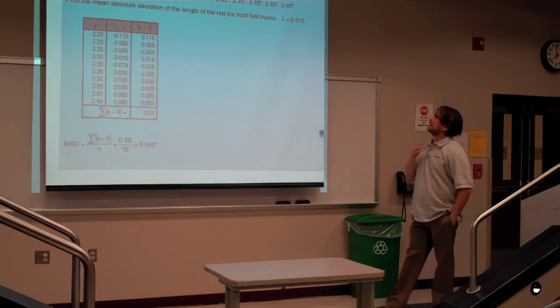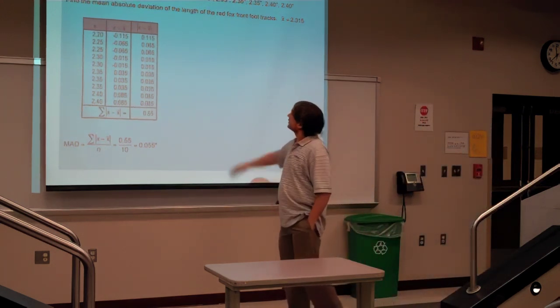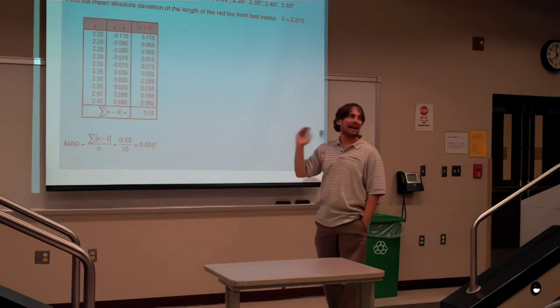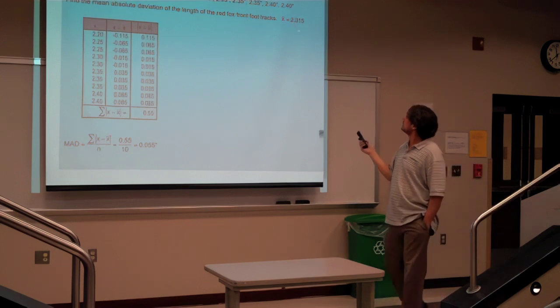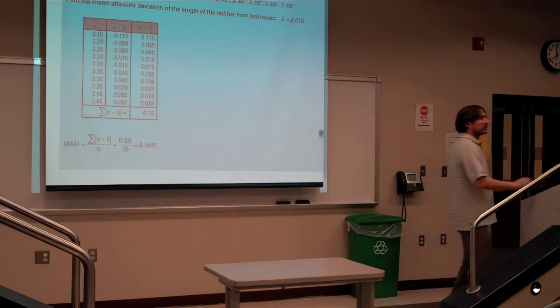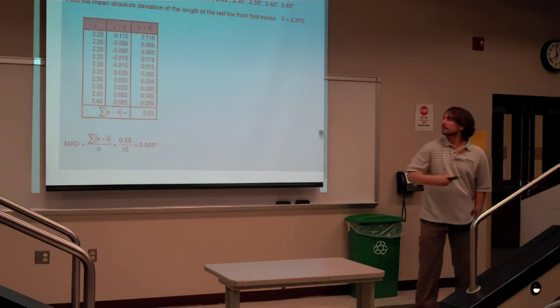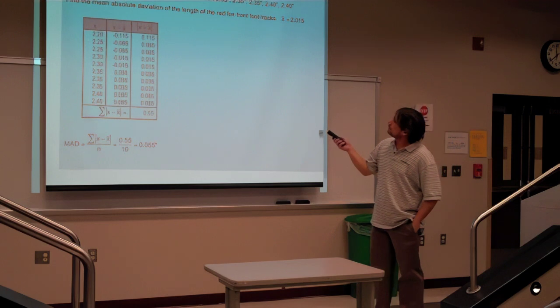Below are measurements gathered from 10 Red Fox tracks. The front foot lengths are given to us. And last class, we calculated the mean. The mean is 2.315. All right, so we are going to take 2.315 and subtract it from 2.2.